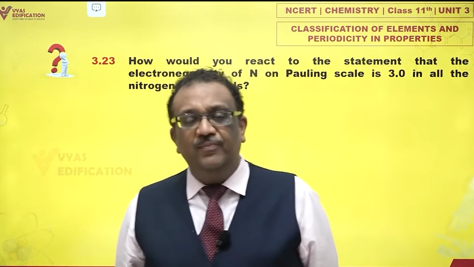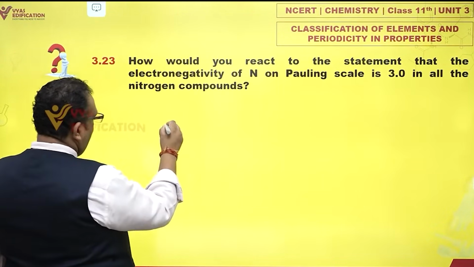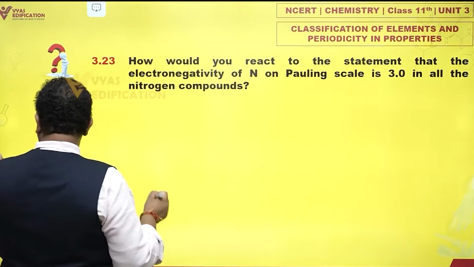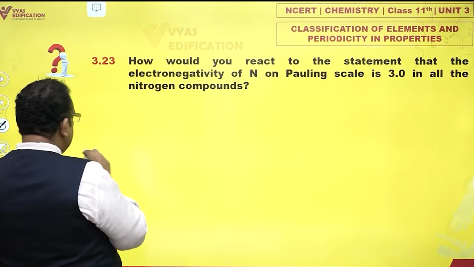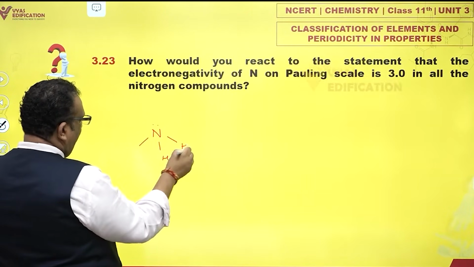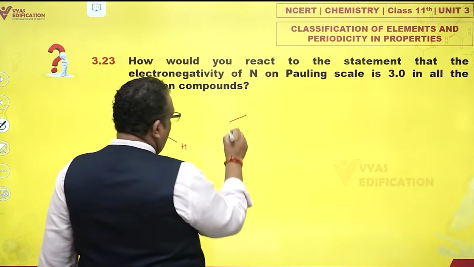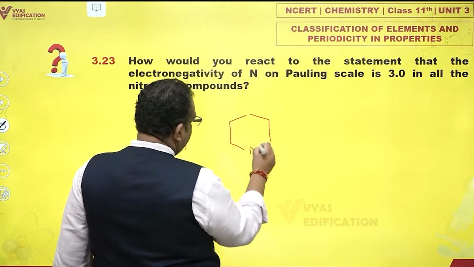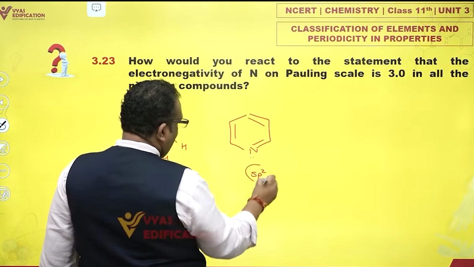What does that mean? It means that, for example, if you have ammonia. Now, ammonia can be a very lovely molecule, I don't deny that. But then, please understand that ammonia contains nitrogen, which is sp3 hybridized. Now, same nitrogen, if it appears in pyridine, just take a look. This is sp2 hybrid nitrogen.